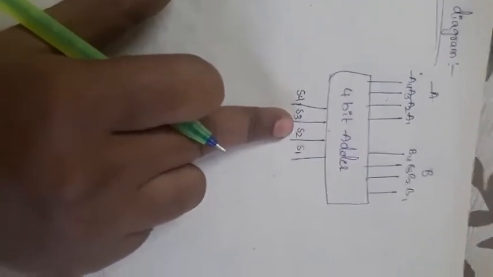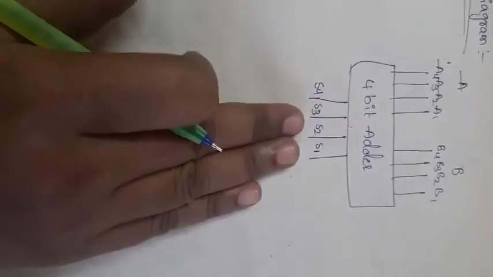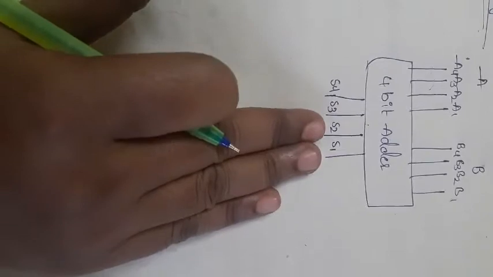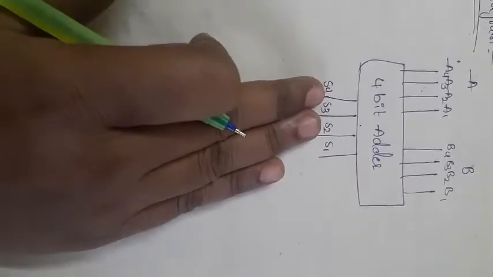Now, if you are adding 4 bits with 4 bits, definitely you are going to get a 4-bit sum. That may be a minimum of 4 bits or a maximum of 5 bits. Why am I explaining 5 bits?